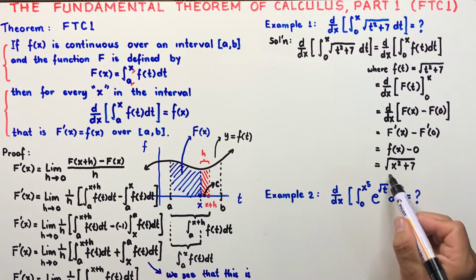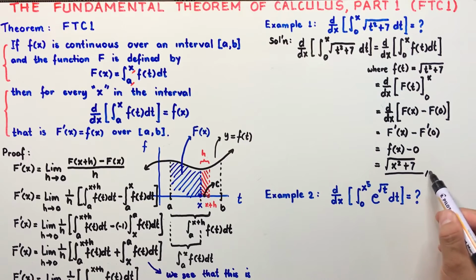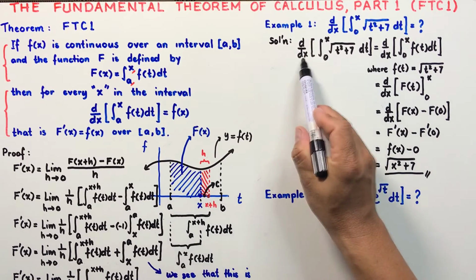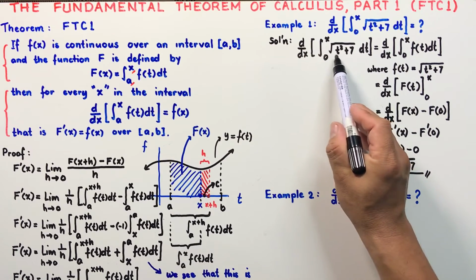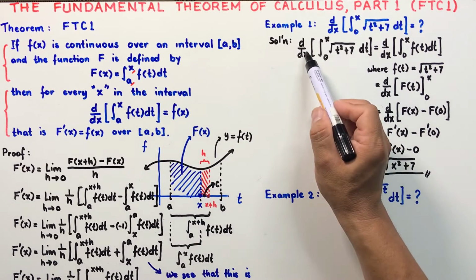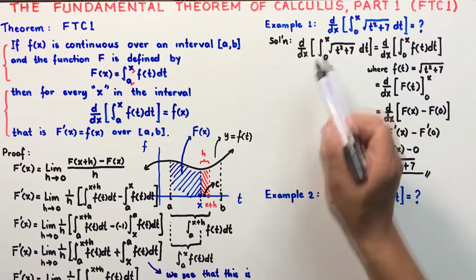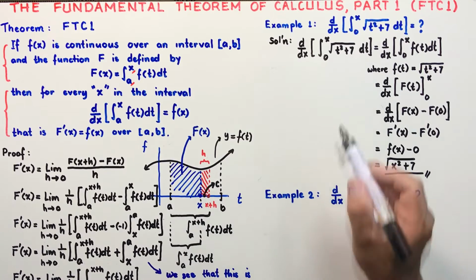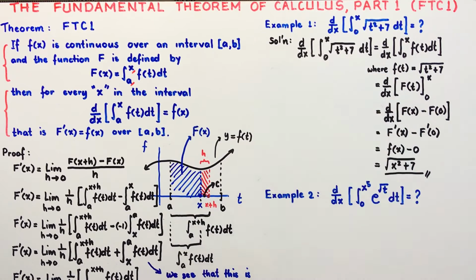So this is now our answer if we want to find the derivative of the integral of this square root of t squared plus 7. So as you can see in our answer, as if the differentiation and the integration cancel each other, and this t will be replaced by x. Now let's proceed to example number 2.